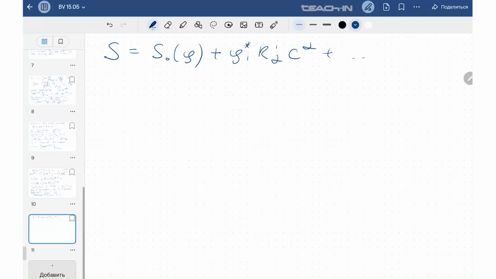And of course, we assume that the master equation is satisfied. So what we want to do in this BV formalism is to impose some kind of gauge conditions, like this, right?